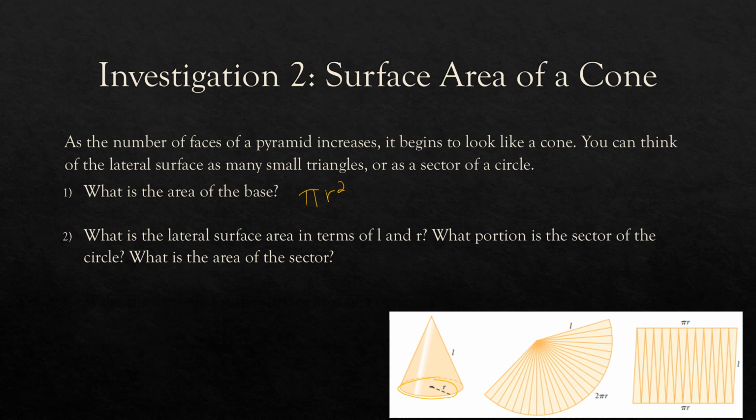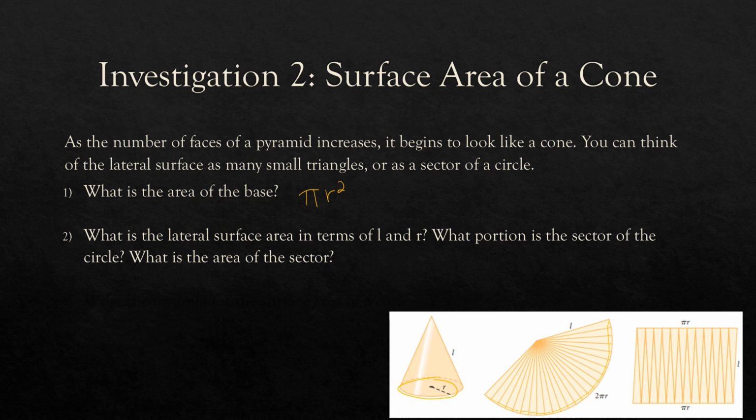When we laid out the lateral part of the cone, we have this part of a bigger circle. Well, what portion is it? So the arc length gives us the part of the circle.